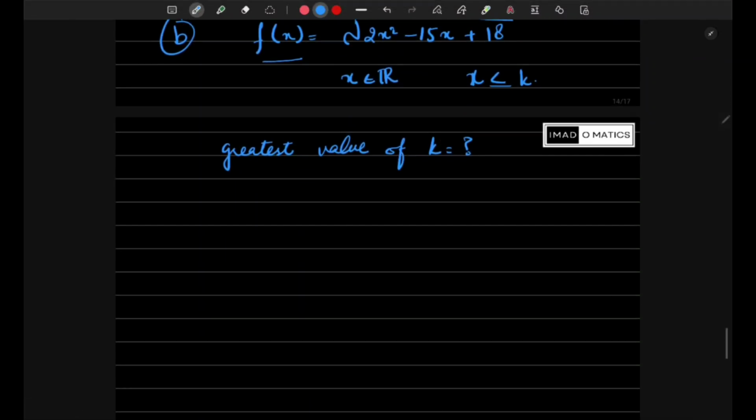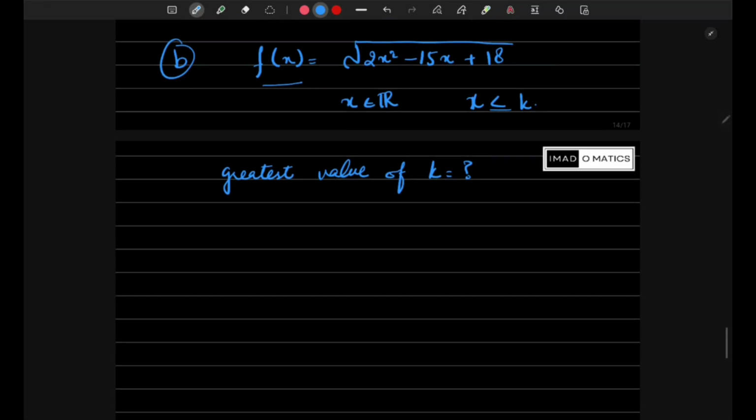The function given in part B has a square root, and it is only defined for the values of x for which 2x² − 15x + 18 should be greater than or equal to 0.